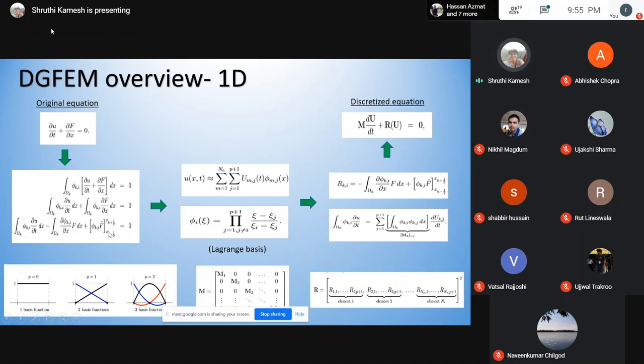And in order to characterize this, you have something called f hat, which is the numerical flux function. What it says is that my solution at the boundaries is a function of the values at the left and the right at the boundary, which is perfectly logical.